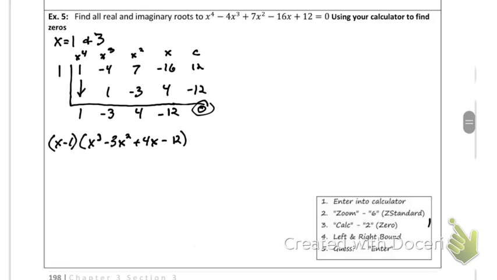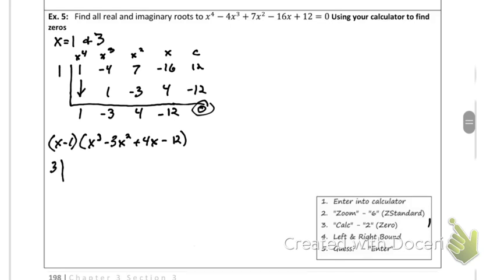The good news is I have one more factor that I know will go into that evenly, and that is 3. If 3 goes into this evenly or comes out as a 0, x minus 3 will also go into this evenly. So I'm actually going to factor x minus 3 out of this portion of it to make it even smaller. So it's going to look like this.